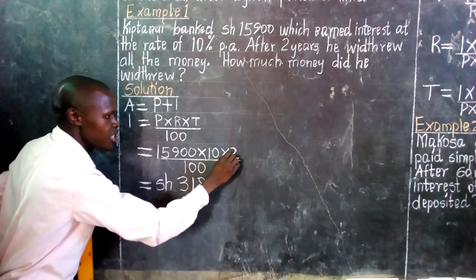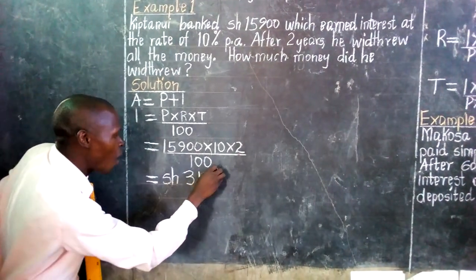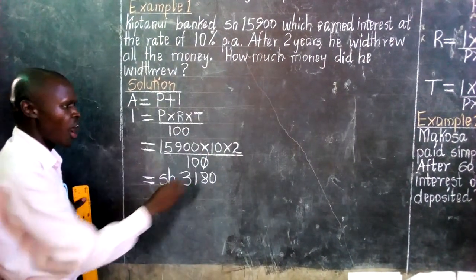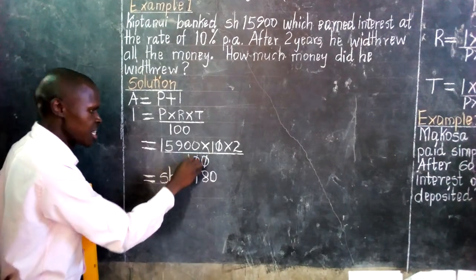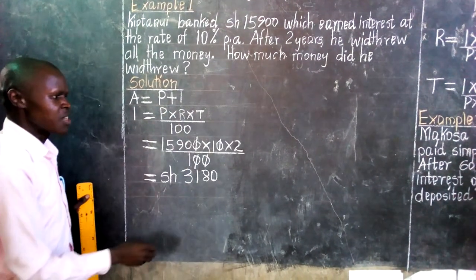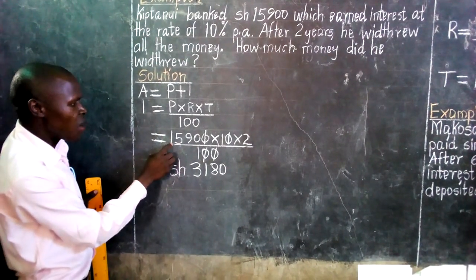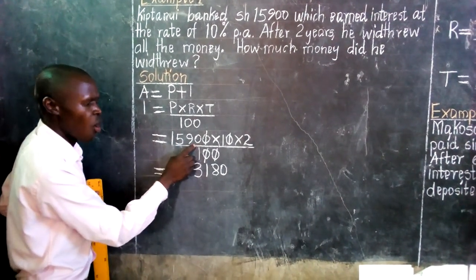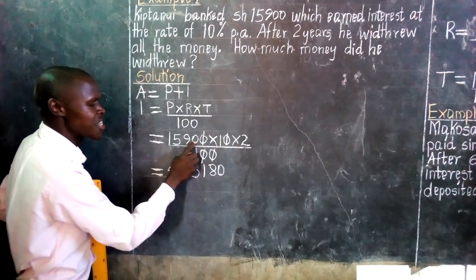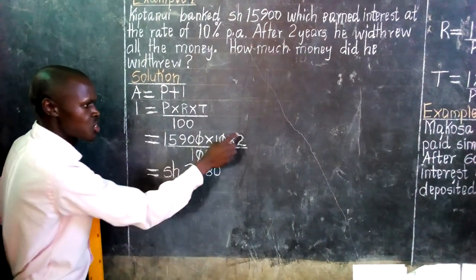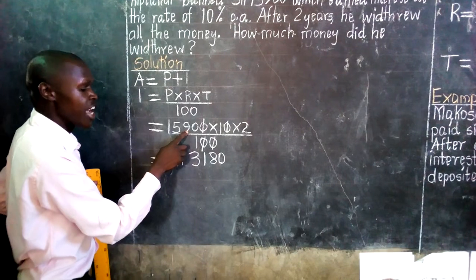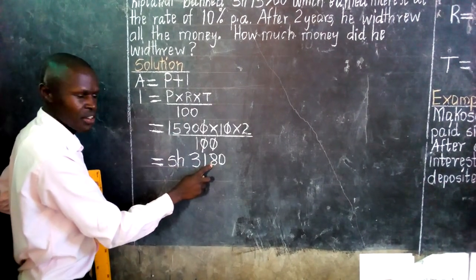At this point, as a learner, you have to cancel 0 and 0, 0 and 0. We shall be left with 2 here and 1,590. Of course, 2 times 0 shall get 0. 2 times 9, we shall get 18.